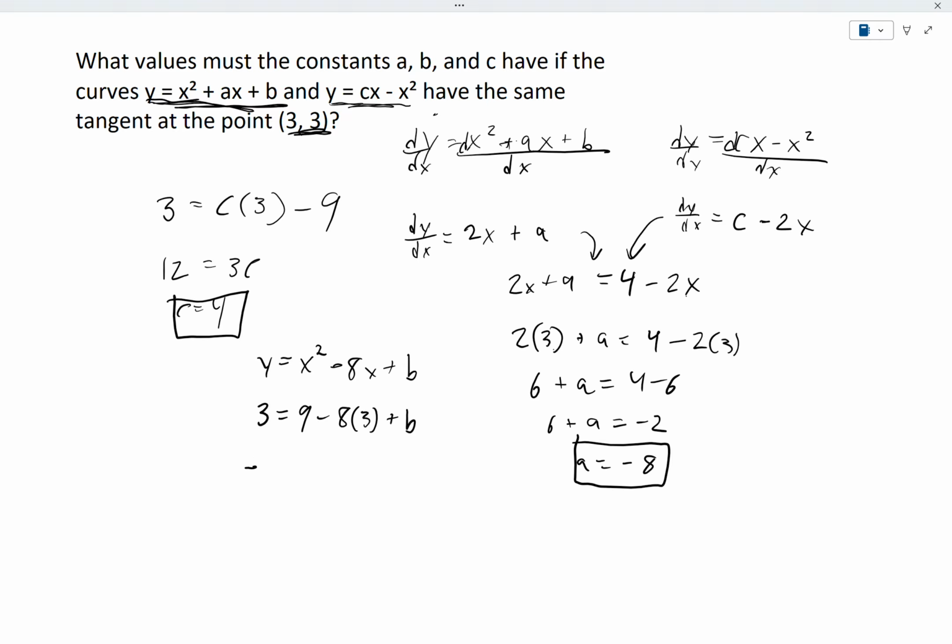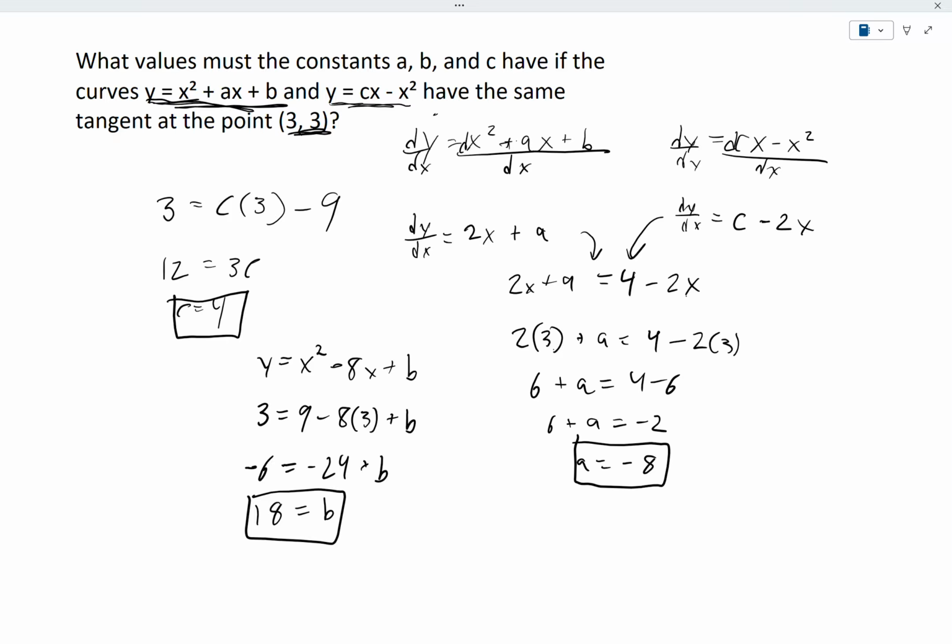So now I go to simplify this, I get negative 6 is equal to negative 24 plus b. Add 24 to each side, and I end up with 18 is equal to b. So that is the value for a, b, and c in this problem.